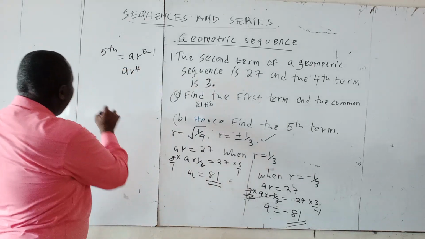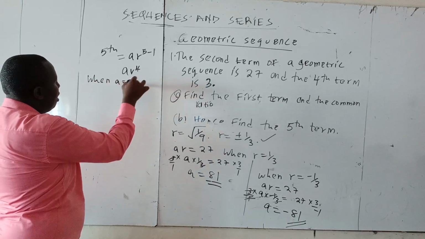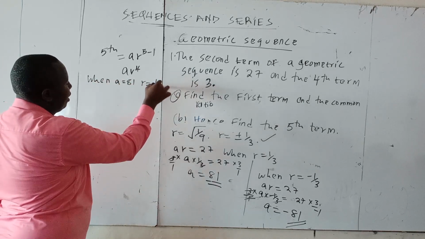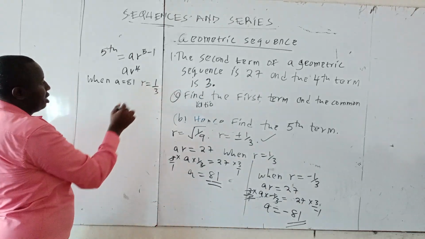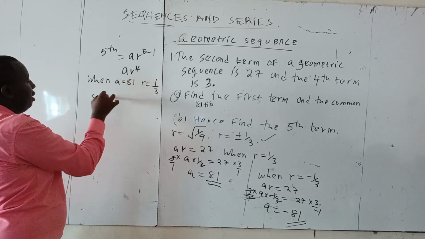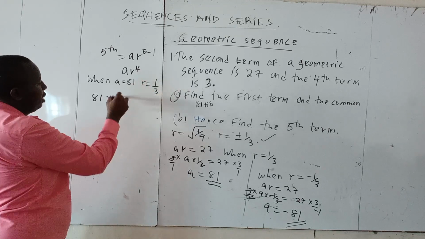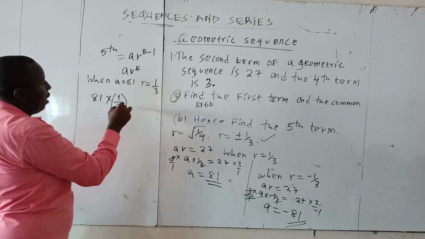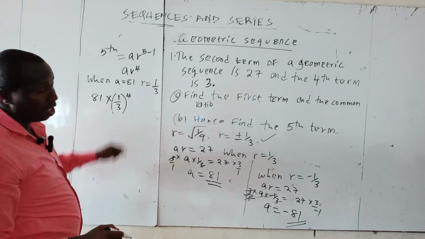So use, when a is 81, r is 1 over 3. Can you find that fifth term now? So you say a is 81 times r, 1 over 3, to power 4.